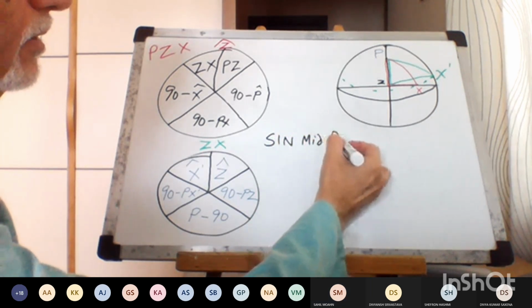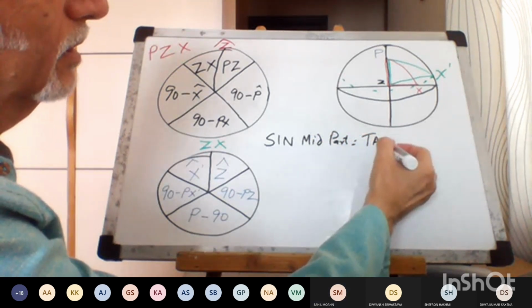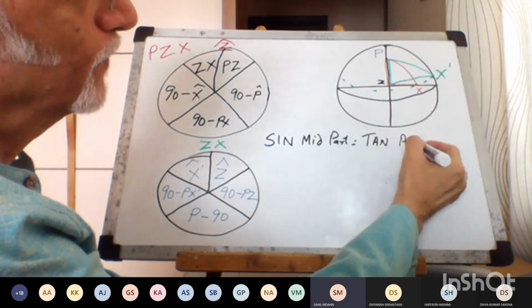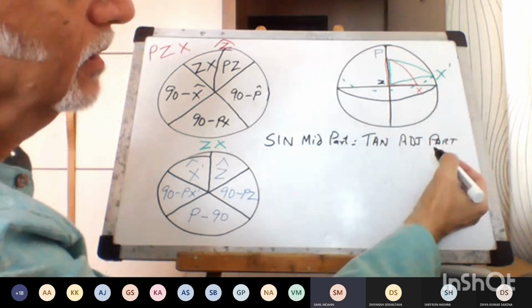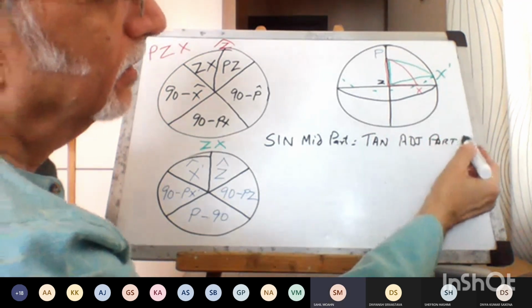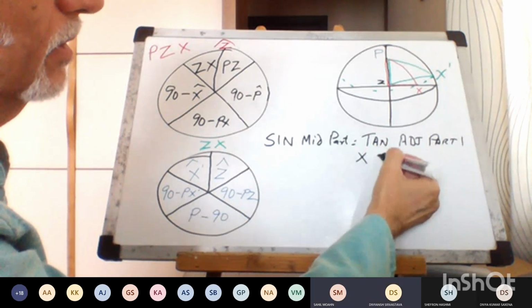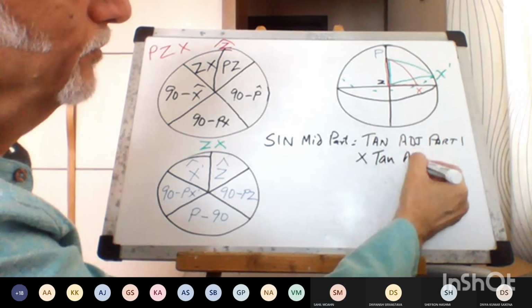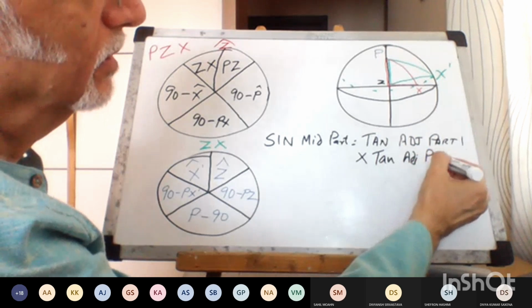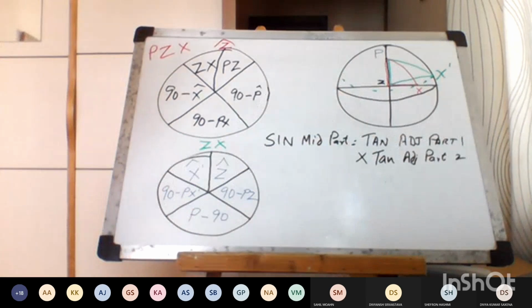Sine mid part is equal to tan adjacent part 1 into tan adjacent part 2. Am I right? Yes.